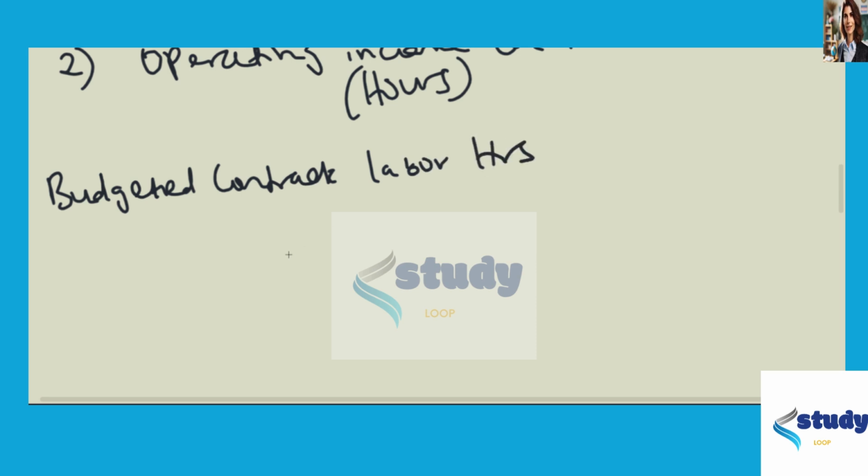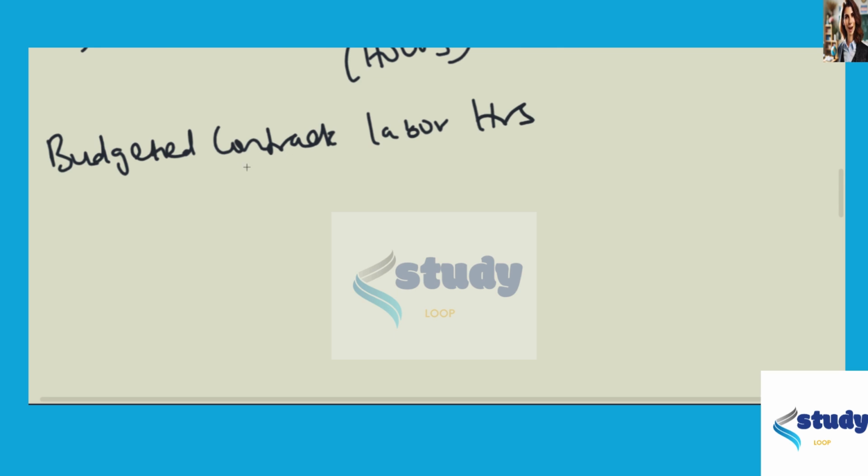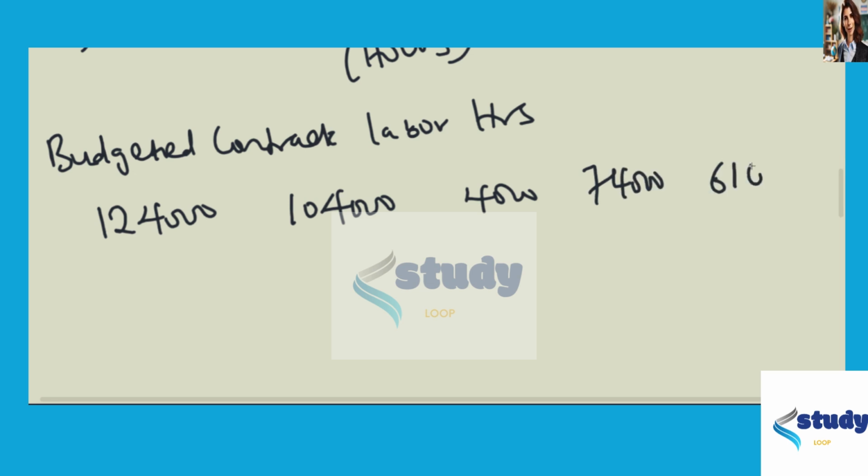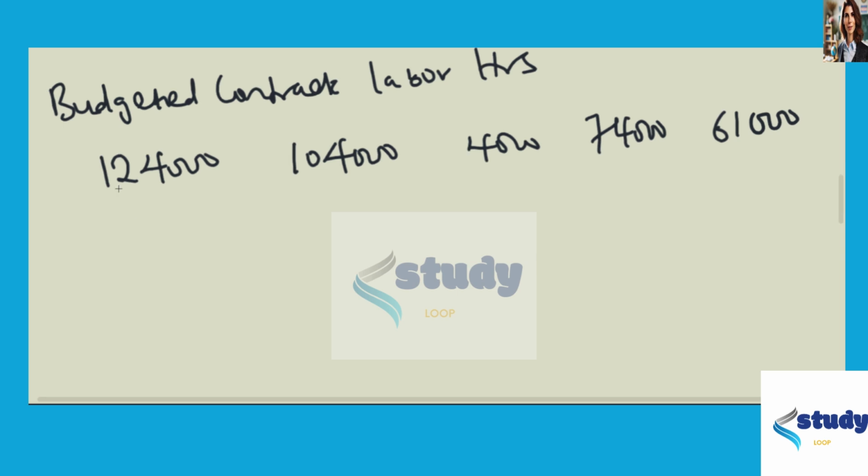So we have the budgeted contract labor hours, and we have five options. The values are 124,000, then 104,000, then 84,000, then 74,000, then 61,000.